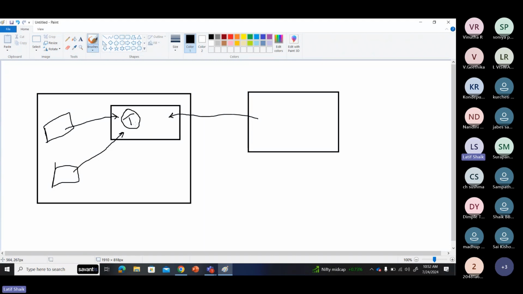There are mainly three types of tickets. Depending on the organization, ticket types may change, but I'm talking about the generally common ticket types, which are three. One is the incident ticket.